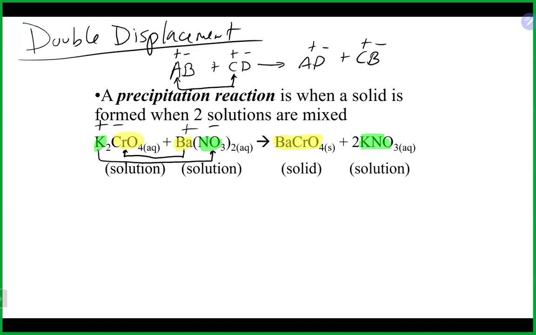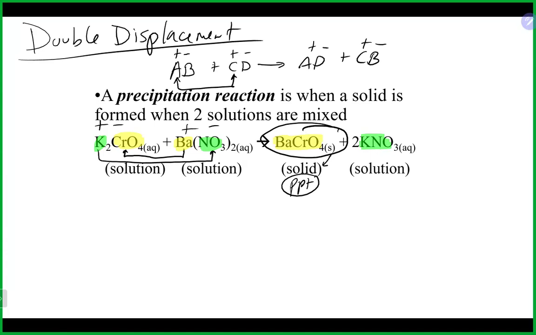Now, this is called a precipitation reaction because when those ions switch partners, one of the new guys over here will make a solid, which is sometimes referred to as a precipitate. PPT is sometimes abbreviated for a precipitate, hence why it's called a precipitation reaction. So the broader classification of this type of reaction is a double displacement reaction.